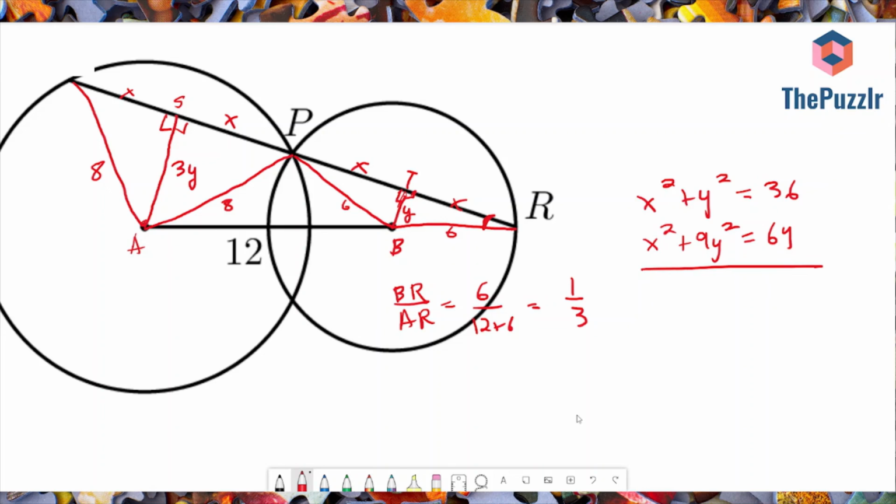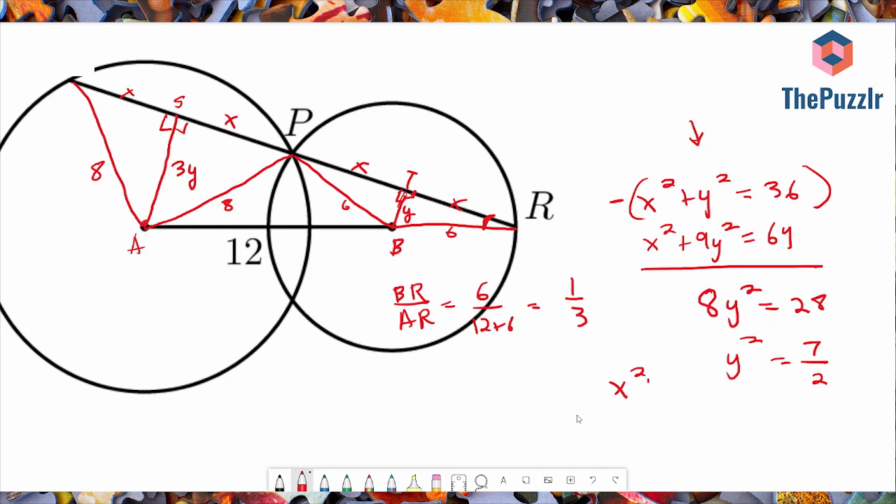So we can do this equation minus the first equation, which gives us x squared minus x squared is 0. 9y squared minus y squared gives us 8y squared equal to 64 minus 36, which is 28. So y squared equals 7 over 2.